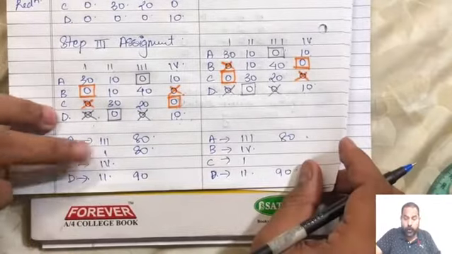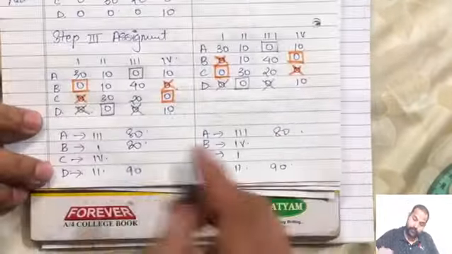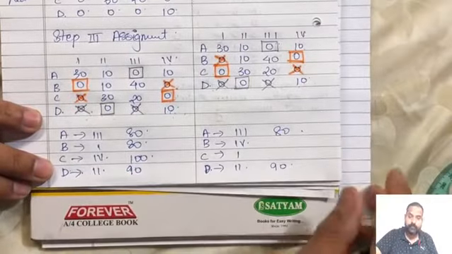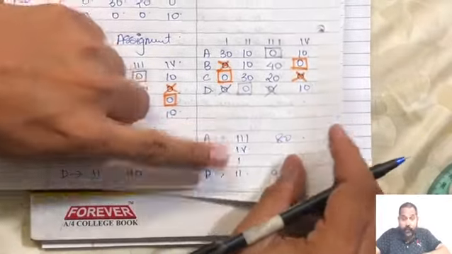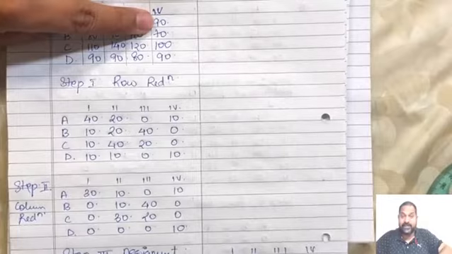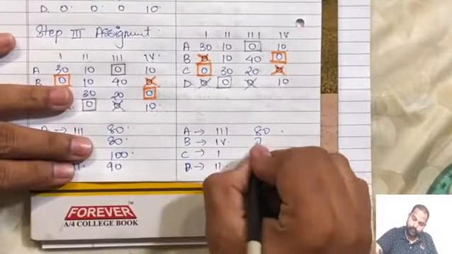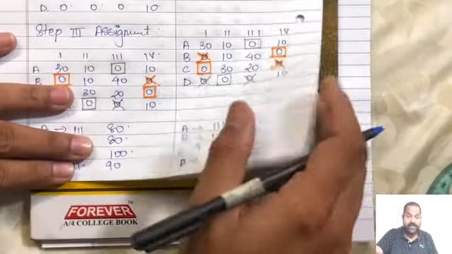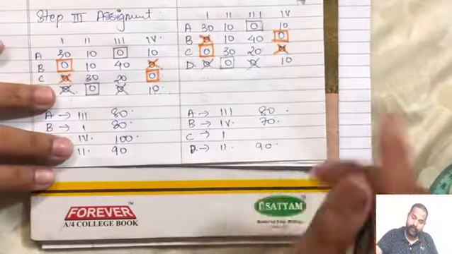And C going to 4 will be 100. B going to 4 will be 70. C going to 1 will be 110.